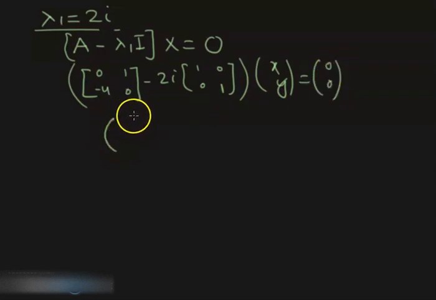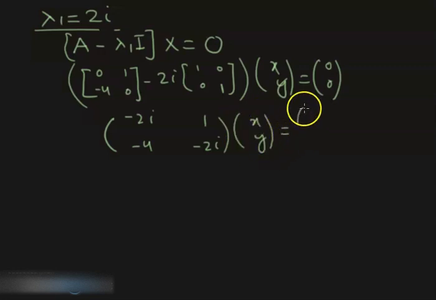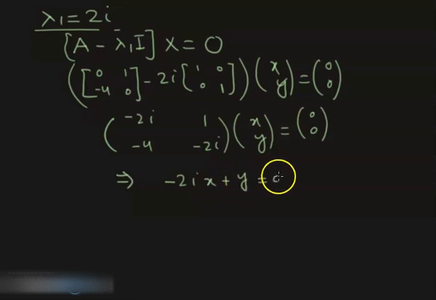Then we have minus 2i 1, minus 4 minus 2i operating onto (x, y) set to be (0, 0), and this gives me minus 2ix plus y equal to 0 and minus 4x minus 2iy equal to 0.